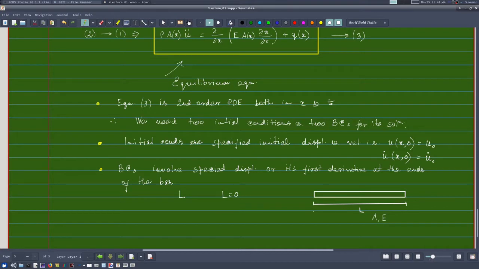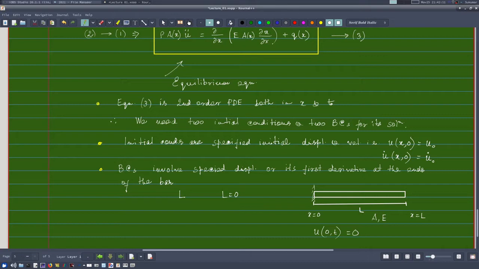So x is 0 at this end and x equal to L at this end. Then if this end is fixed, I can say that U at x equal to 0 for all time is 0.